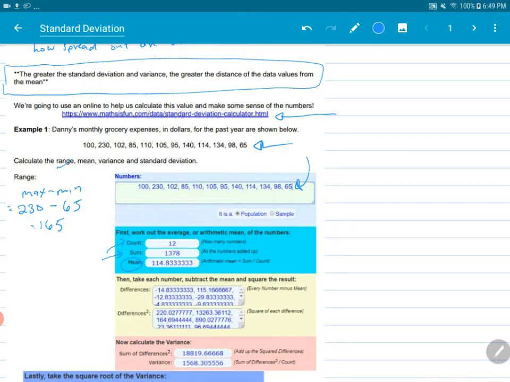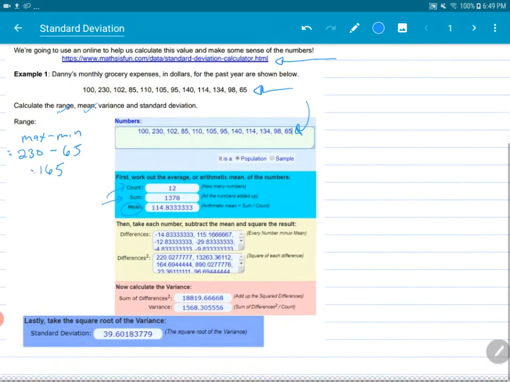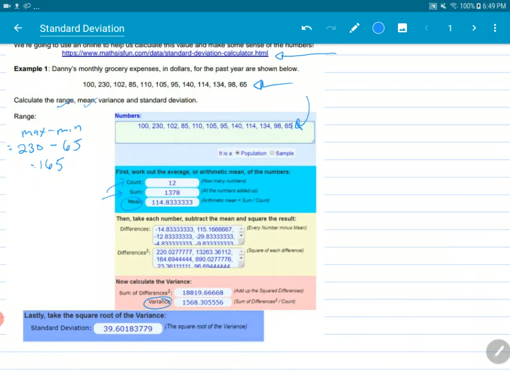So we got our range, we got our mean, we got our variance. So basically this online calculator is doing a whole bunch of calculations, and it's getting us to this number here, the variance, which is 1,568, which is a large number. And our standard deviation is when you take the square root of this variance number. You could plug it into your calculator to check.